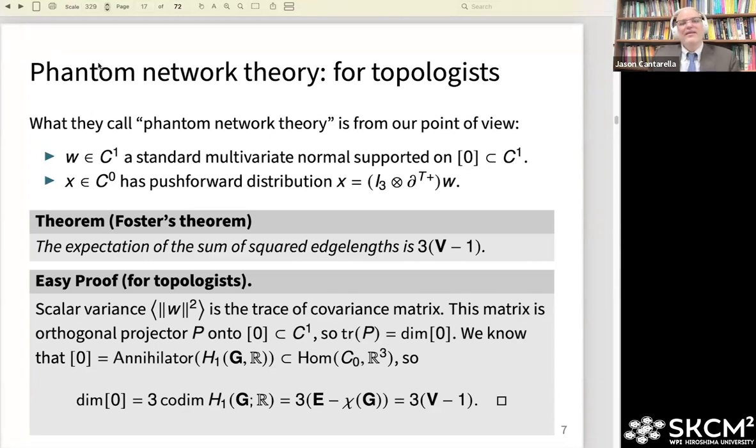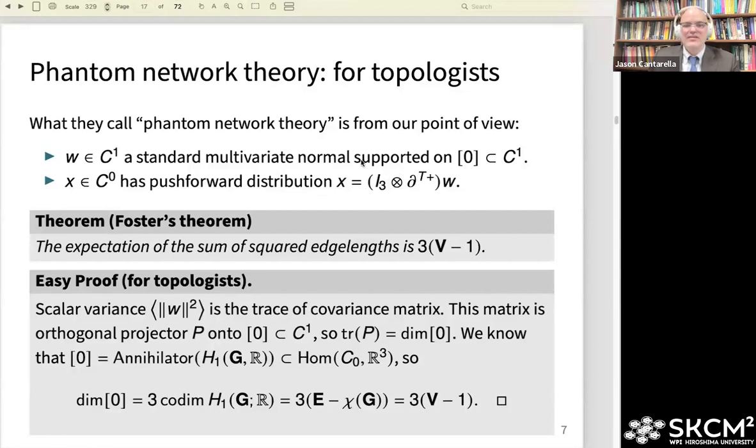So if you think about it this way, what physicists and chemists call phantom network theory is, for topologists, the following statement in cohomology. I have a distribution on one cochains, and that pushes forward to a distribution on zero cochains. How does it push forward?